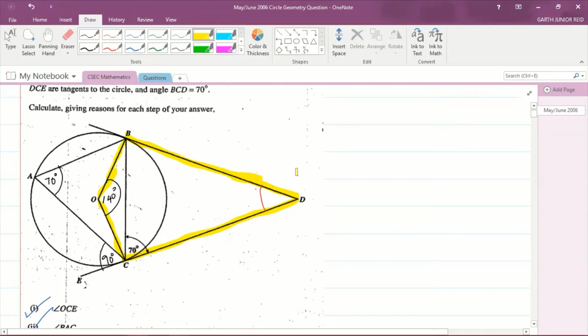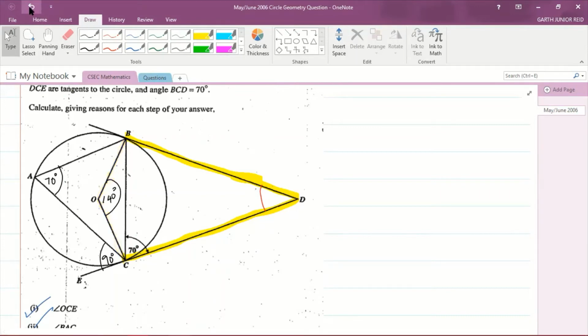That is a quadrilateral. To be more specific, that is a kite. So it is a quadrilateral, and we know that whenever we sum all the interior angles of a quadrilateral, we are supposed to get 360 degrees. Good. So that is what I know.